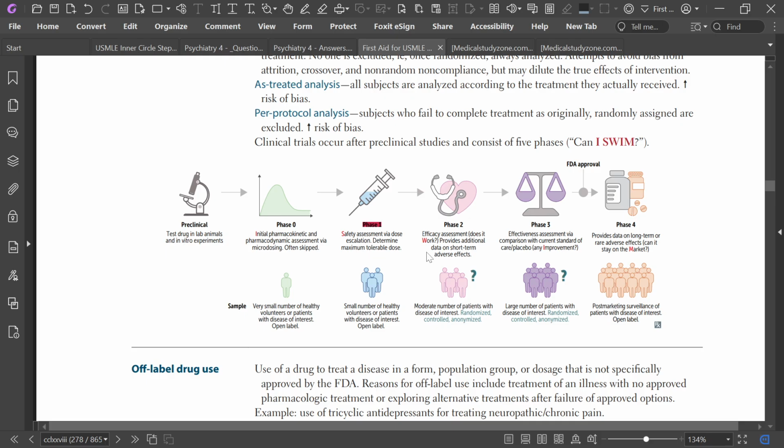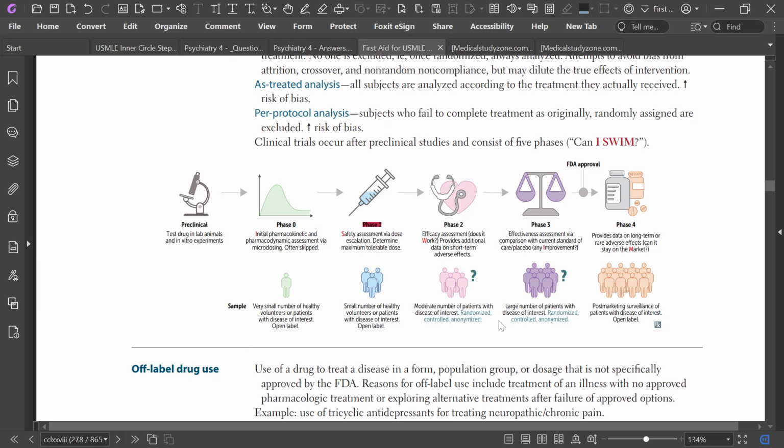And in phase 2, can I swim? Does it work? Efficacy assessment, and it provides additional data on short-term adverse effects. And in phase 3, any improvement, effectiveness assessment via comparison with current standard care or placebo, in a large number of subjects.